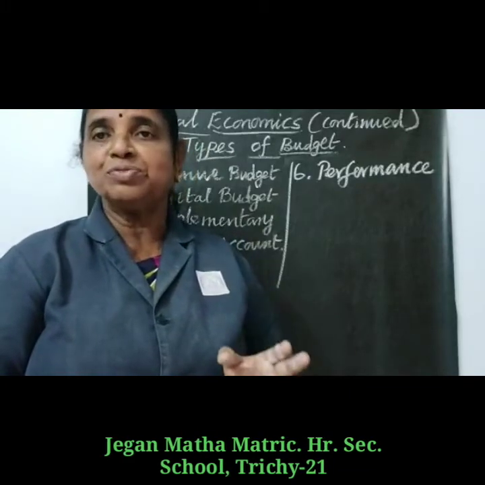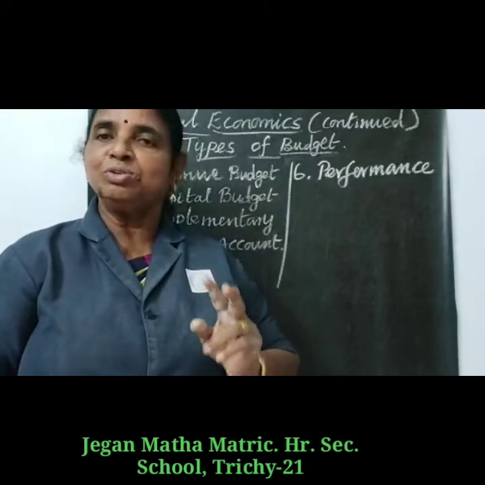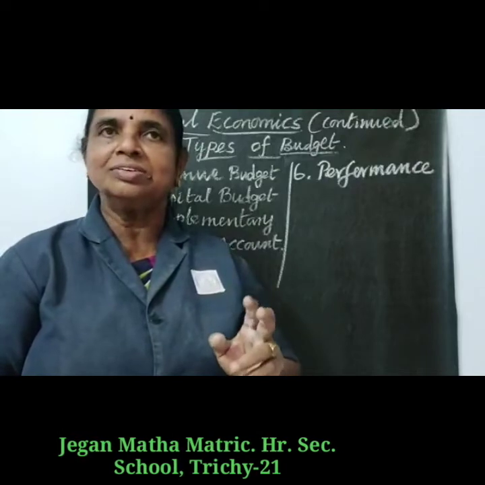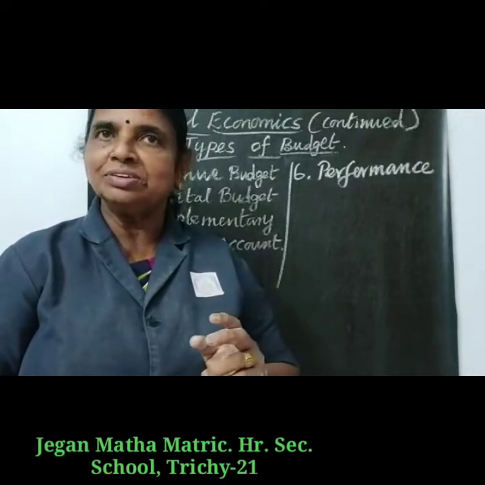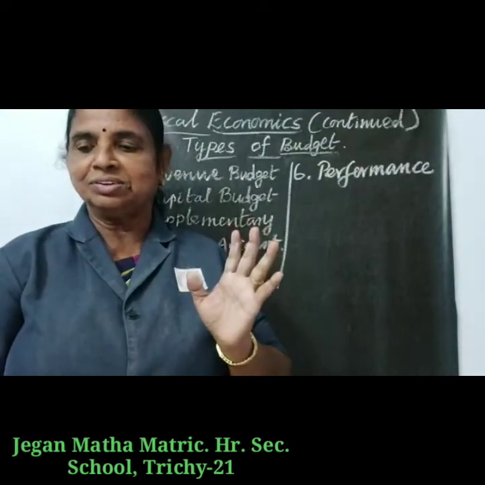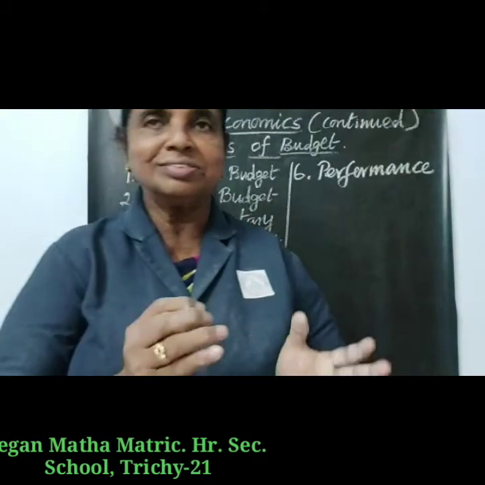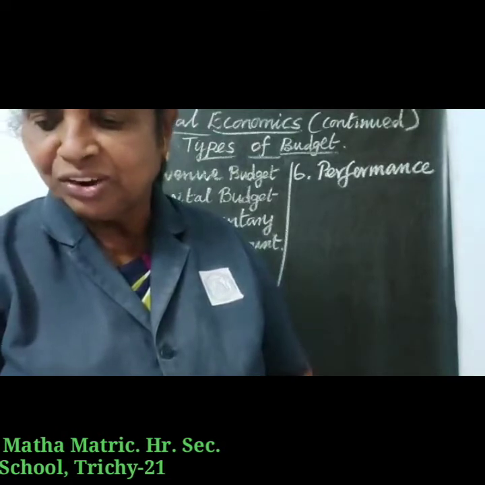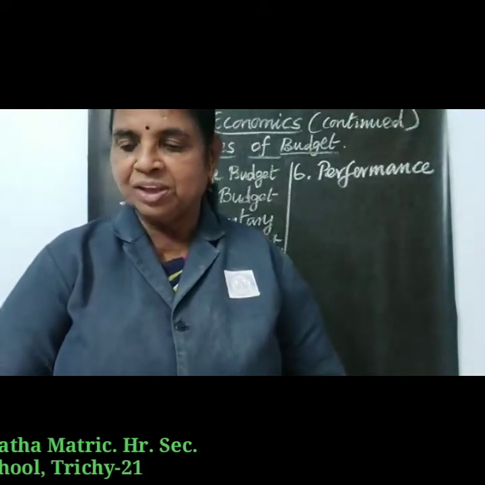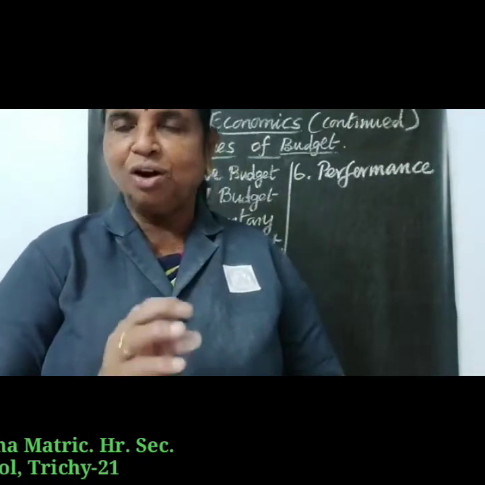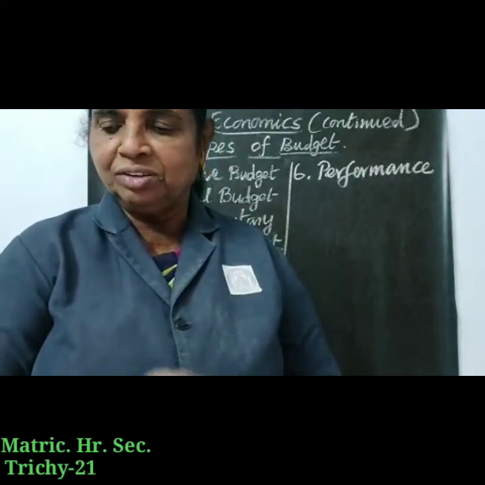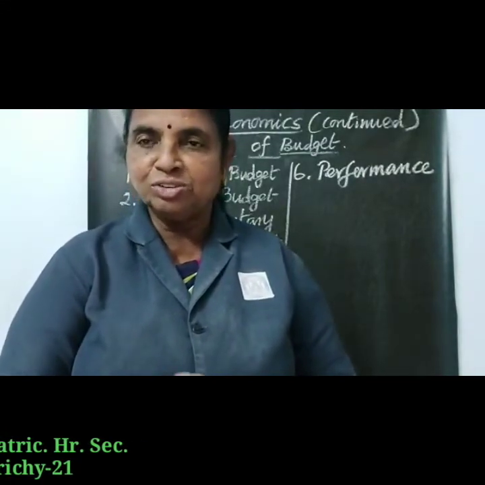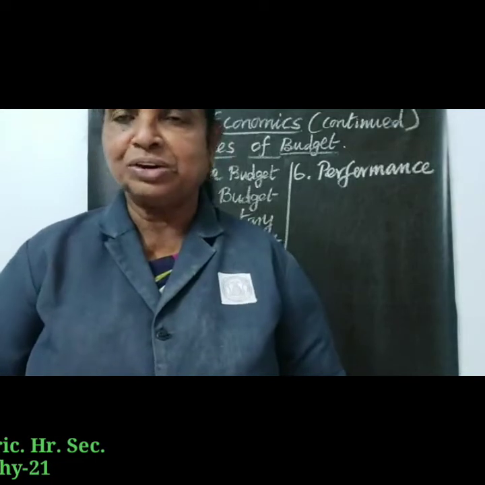Besides all these types of budgets, there are two other important types of budgets known as balanced budget versus unbalanced budget. So what is balanced budget? Balanced budget is a situation in which estimated revenue of the government during the year is equal to the anticipated expenditure.